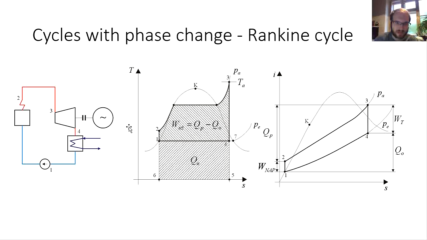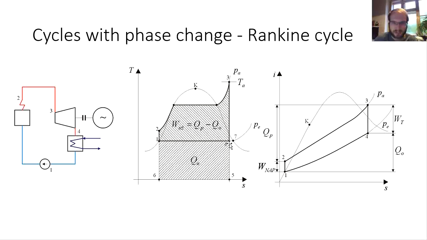Then there starts an isobaric heating process in the boiler, going from point 2 to the saturated liquid state, saturated vapor, and then superheating before we expand the steam in the turbine between 3 and 4.